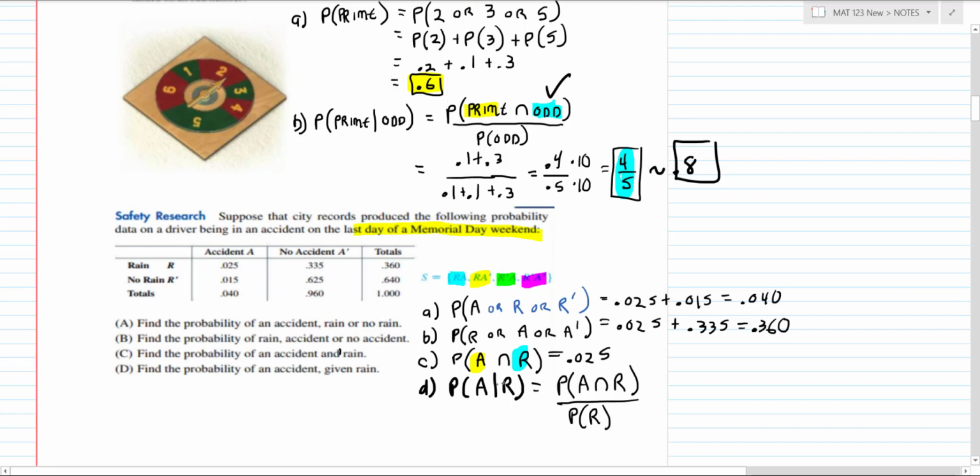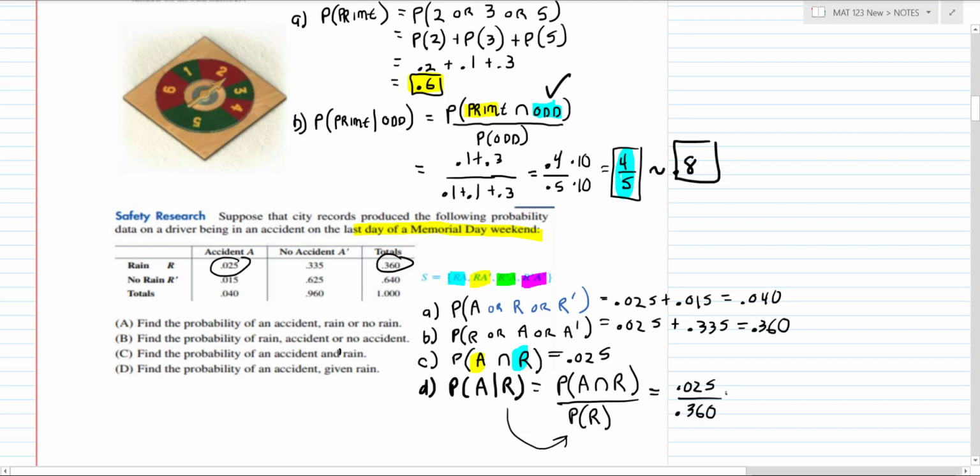So that's the formula. You do the intersection and then divide by the given part, the second part. Okay, so the probability of being in an accident and rain is 0.025. The probability of rain is 0.360. That's the grand total. So basically, you would just crunch this out.